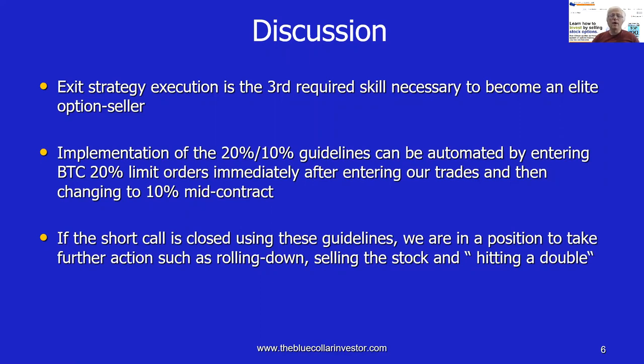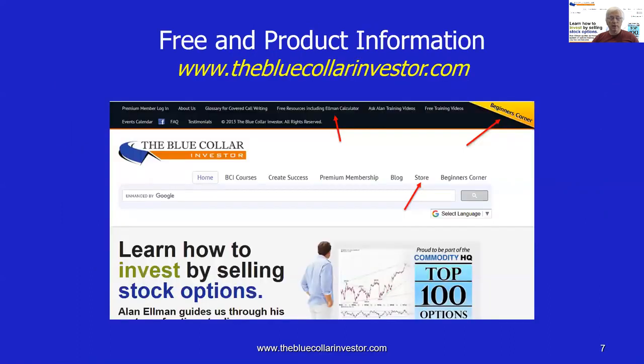All this information on position management of our covered call trades is located in all of my books and online video courses, as well as a myriad of articles and Ask Alan videos that I've made over the years. So the information is all there, but we do have that protection of these 20%, 10% guidelines against share decline, which can be partially automated.